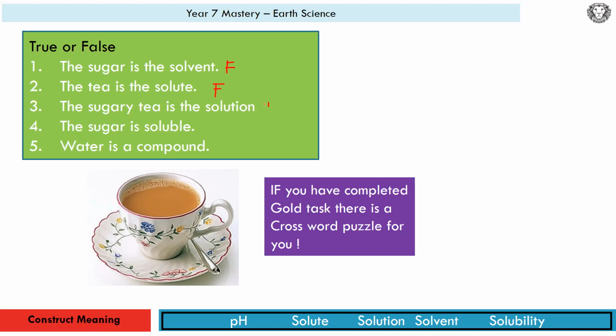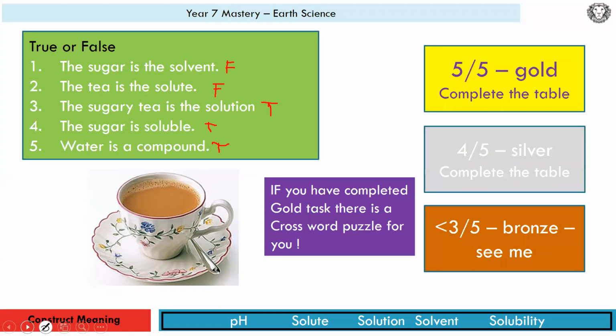That is true. Sugar is soluble. That's true as well. So sugar can dissolve. And water is a compound. That is also true, having a look through last week's lesson. So hopefully most of you have got 5 out of 5.